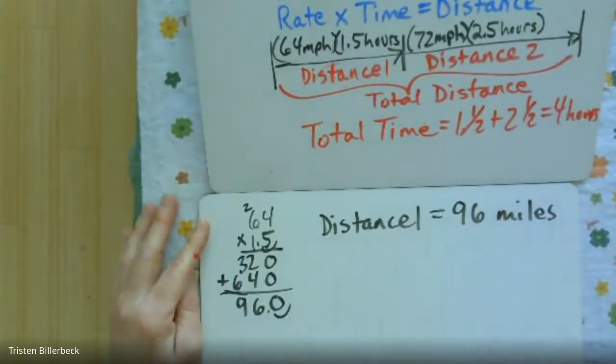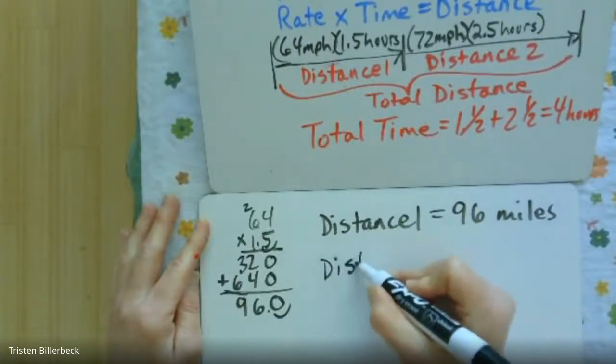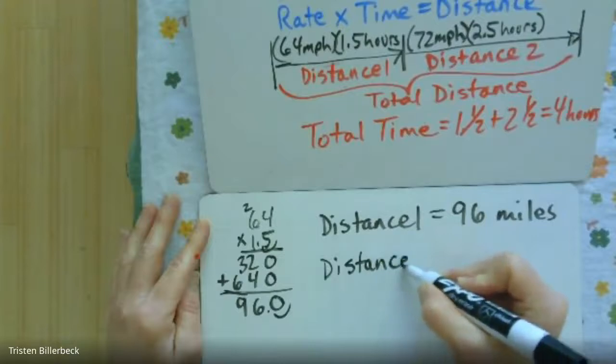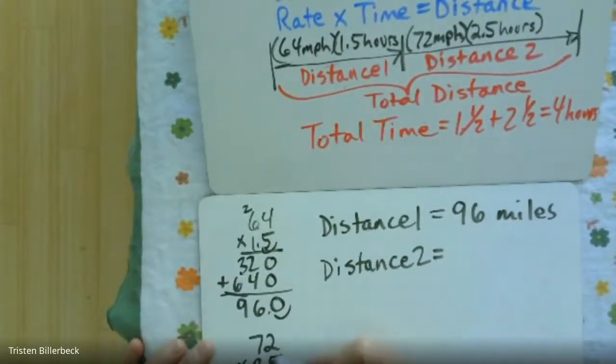Let's use the dry erase calculator to find distance 2. We have 72 miles per hour, and we went 2.5 hours. So 5 times 2 is 10, carry 1. 5 times 7 is 35, plus 1 is 36.